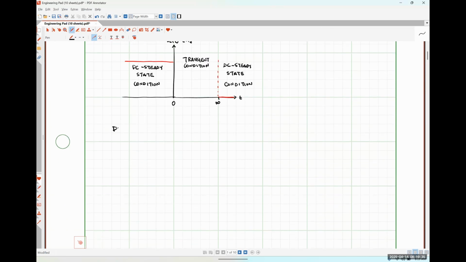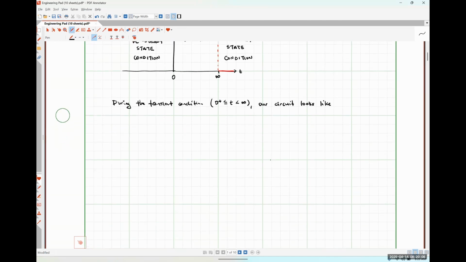So during the transient condition, and I'm going to define that to be 0 plus less than or equal to t less than infinity, our circuit is going to look like this.